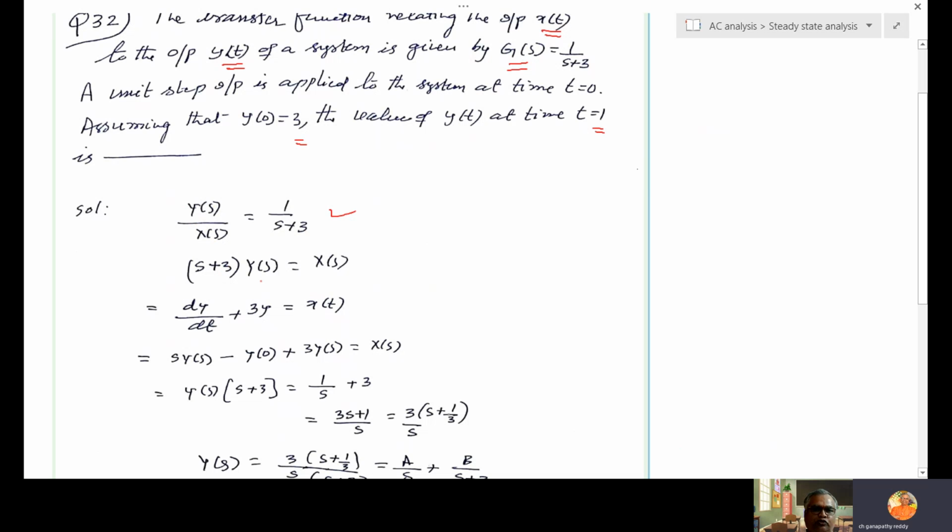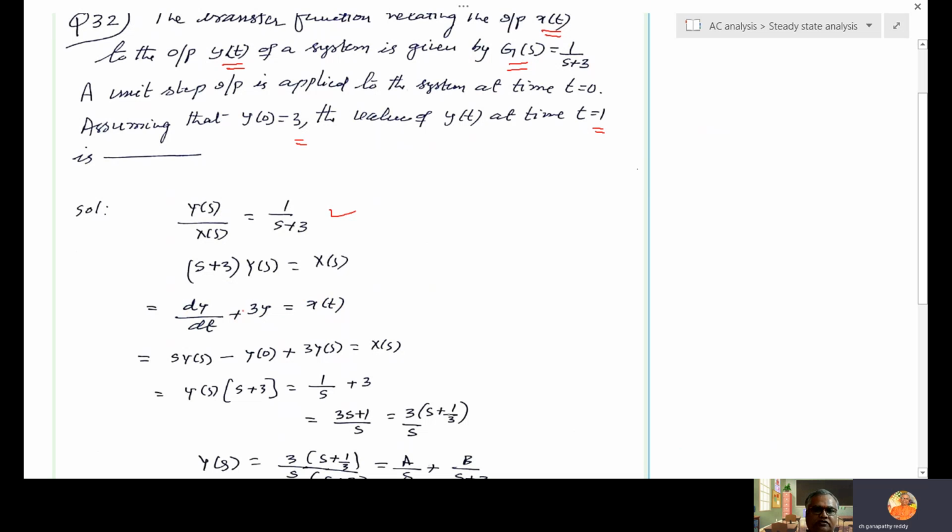Now (s plus 3) into Y of s is equal to X of s. So s into Y of s is nothing but dy by dt, no? Inverse of this: dy by dt plus 3y is equal to x of t.